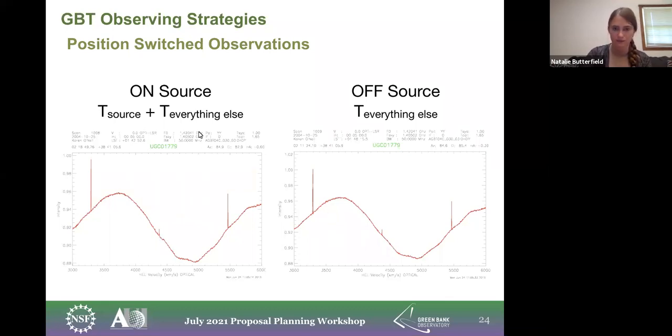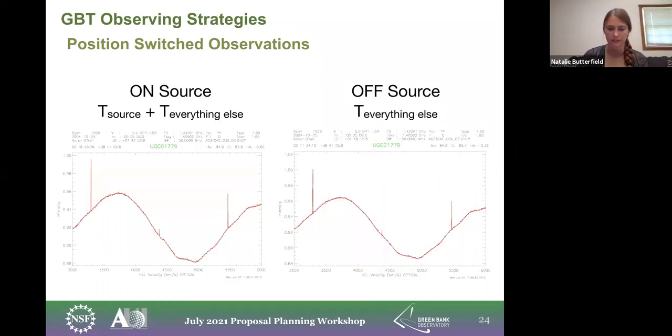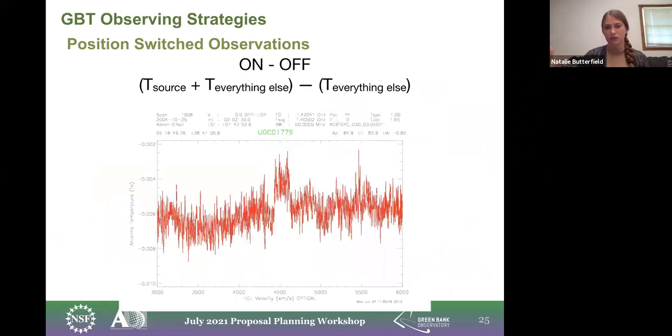When you take the difference between these and you subtract your off from your on, then you actually can see your signal there. You'll notice that it's at 4,500 kilometers per second. That's where your signal is located. That is what position switched observations are doing: you're looking at your source and then looking off your source and subtracting those two. That's how you can do the data calibration for those.